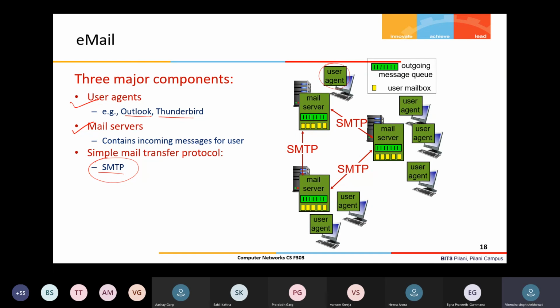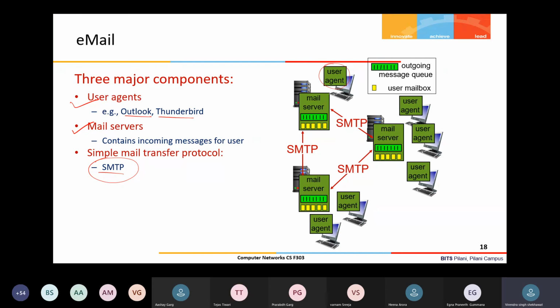So you have a user, and the user is using some mail service. On the sender side there is the sender's mail server. Suppose I'm sending mail from Gmail, the Google mail service, to Rediff.